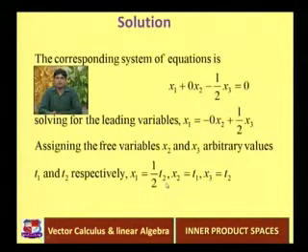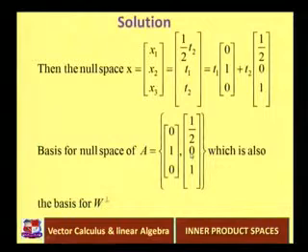For assigning x2 and x3 as t1 and t2 respectively, the solution becomes x1 = 1/2 t2, x2 = t1, and x3 = t2, and the final solution, the null space, x = [x1 x2 x3] = [1/2 t2, t1, t2].